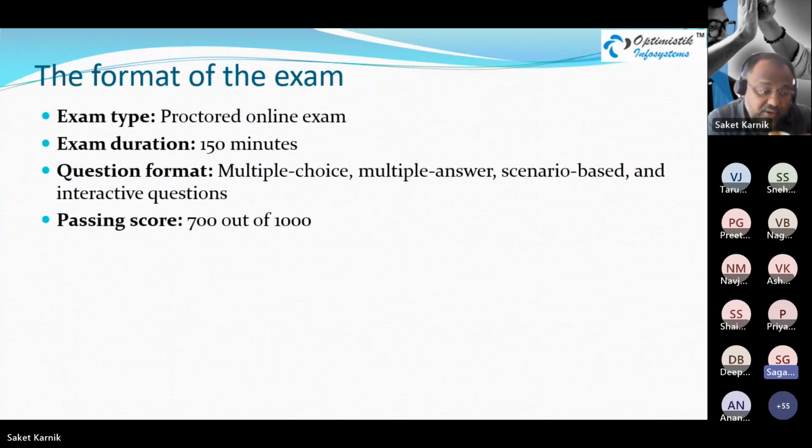Saket, we have negative marking here. We do have. It's not very aggressive, but yes, we do have some penalties applicable if you answer a question incorrectly. So the idea would be attempt only that question where you are very, very sure that, okay, this is the answer.